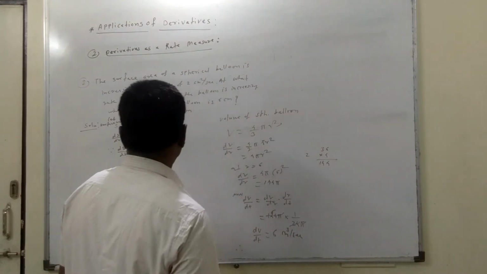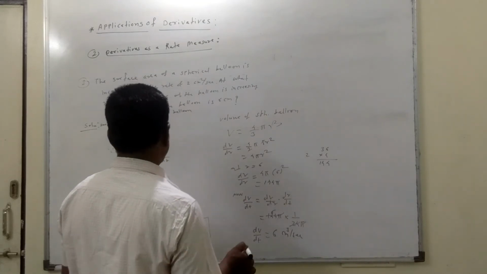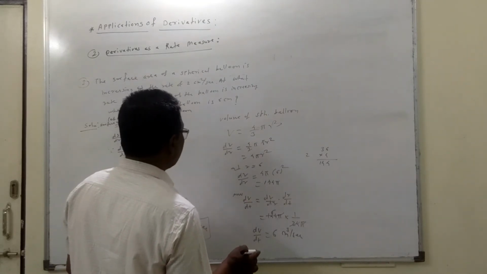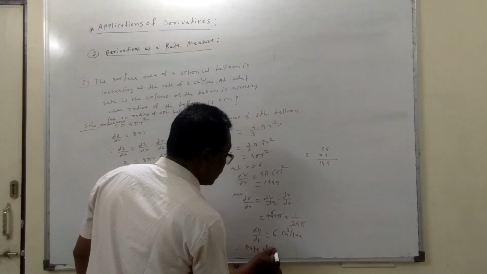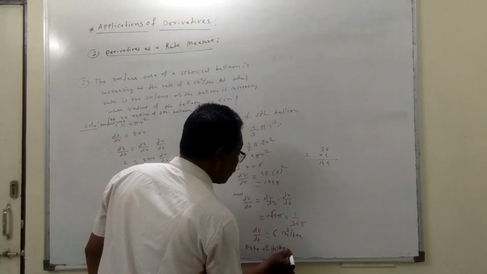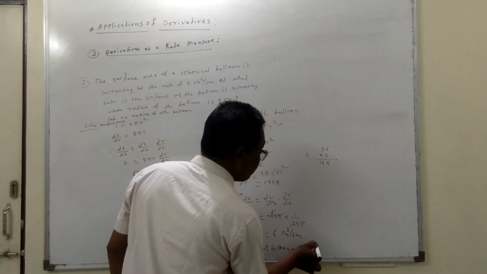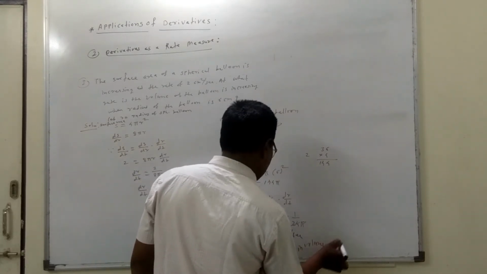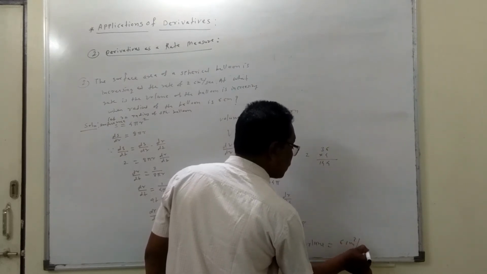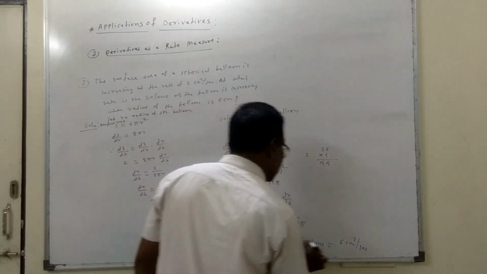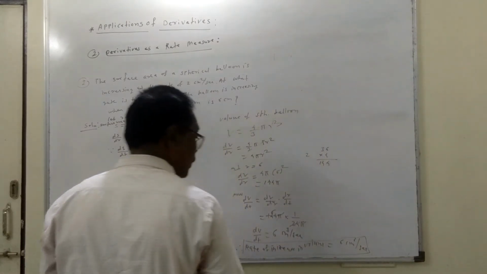Therefore the rate of increase in volume is equal to 6 cubic centimeter per second. So this is the answer.